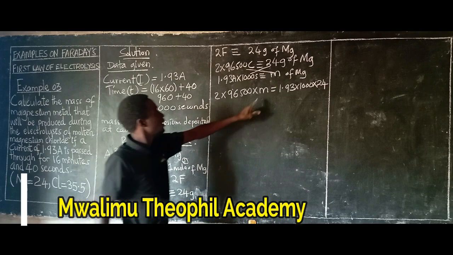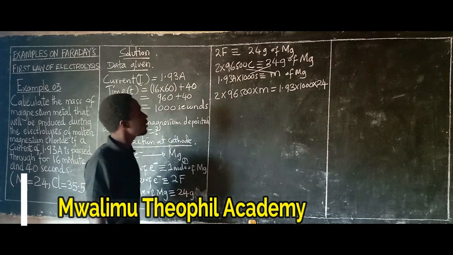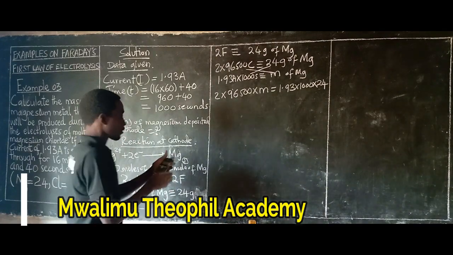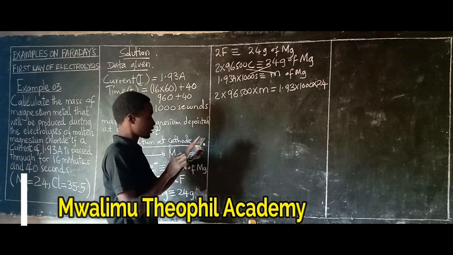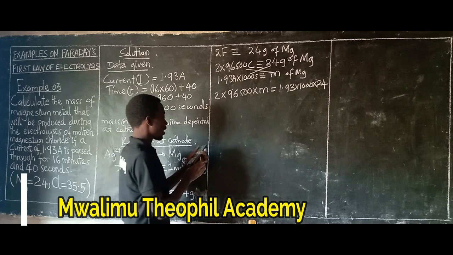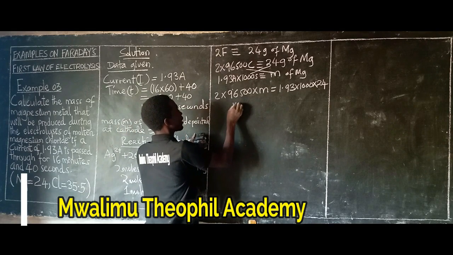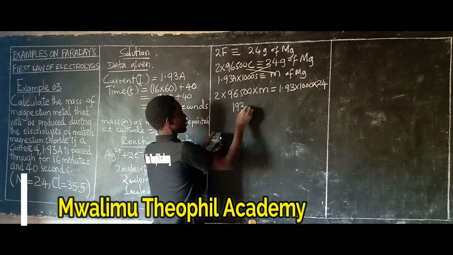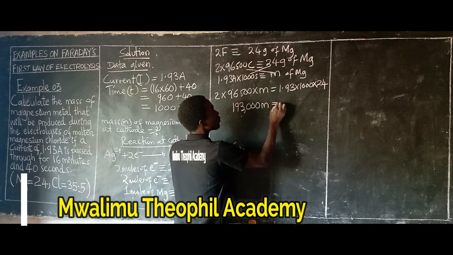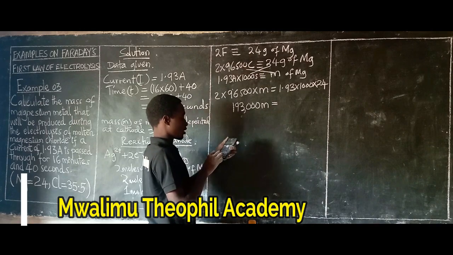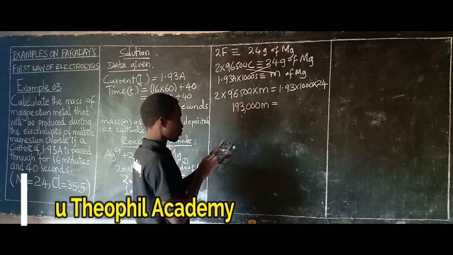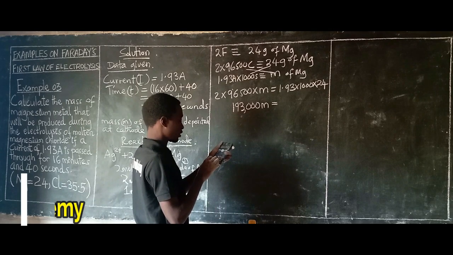Now, how can I get the mass? Let us first multiply the values on each side. On the left-hand side, we have 2 times 96,500, which brings 193,000 M, as M is not known, is equal to 1.93 times 1000 times 24.